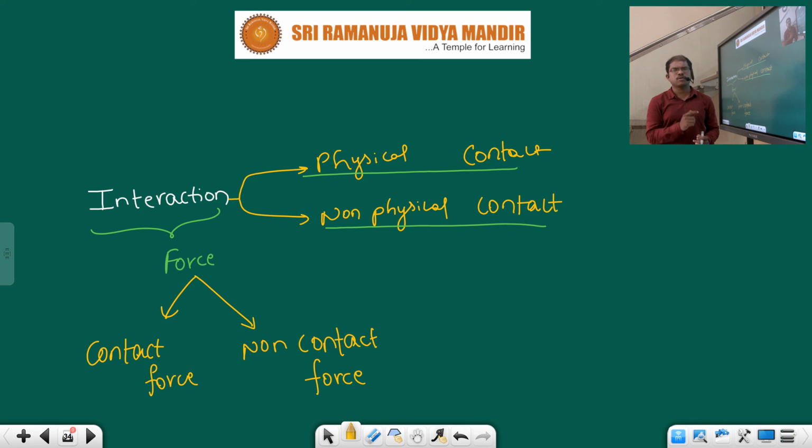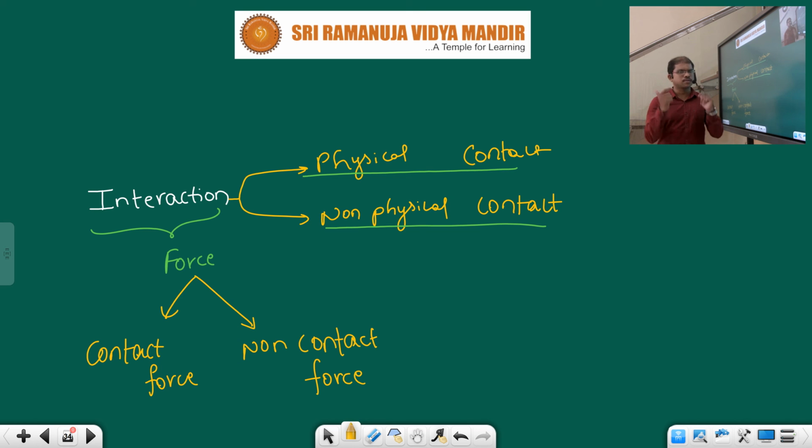You are trying to kick the ball, but your leg is not touching the ball. You're trying to kick, but there is no contact. Does the ball go? It won't, because there is no force developed. When will the force develop? Whenever there is contact, whenever there is interaction.